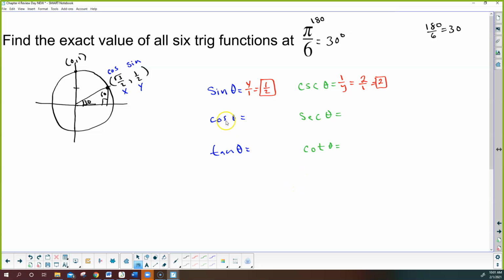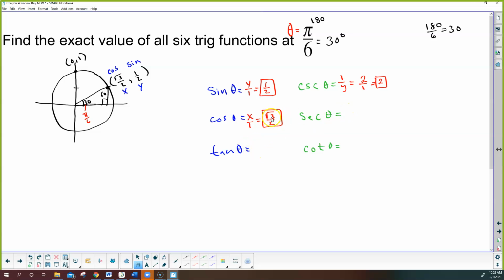Okay? And then we know cosine is the x value, which officially is x over 1, but we're just going to call it x. So here's my answer for the x value at pi over 6. I should say, and you know what I should have done is this should be pi over 6 for all these thetas, but we know that theta is pi over 6.